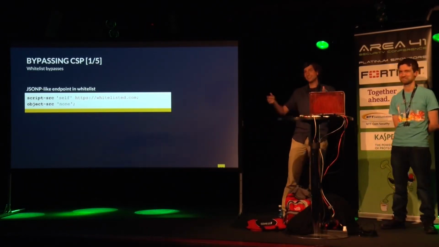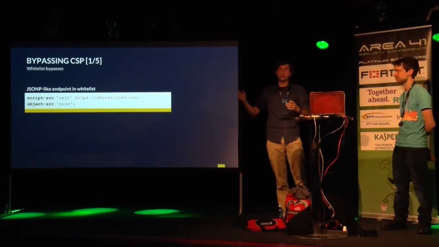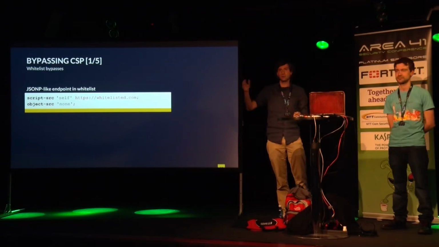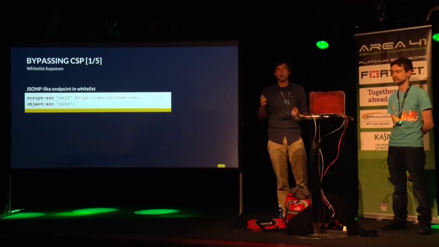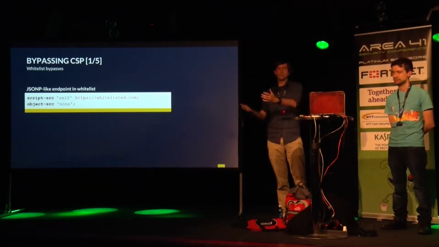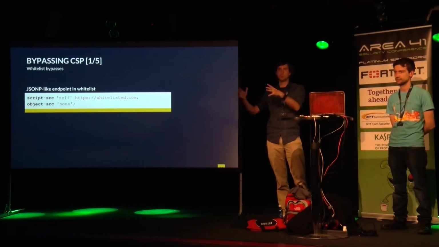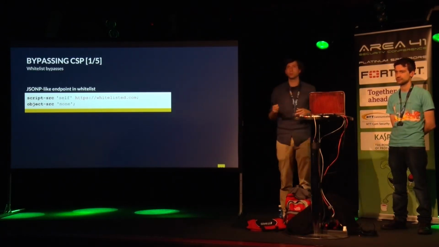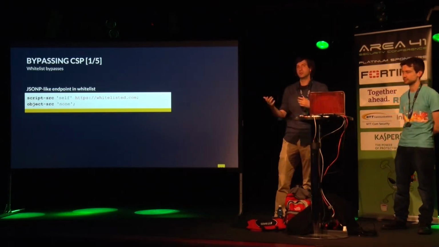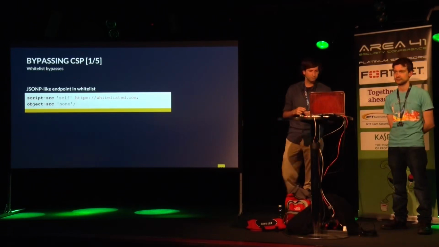But it's basically a URL and there's a parameter with a callback, and you specify, for example, loaded as a parameter, and then the response will have loaded and some other JavaScript object passed as a parameter to the call you specified. So it's basically JavaScript, and you can control the very first part of it, like the function.